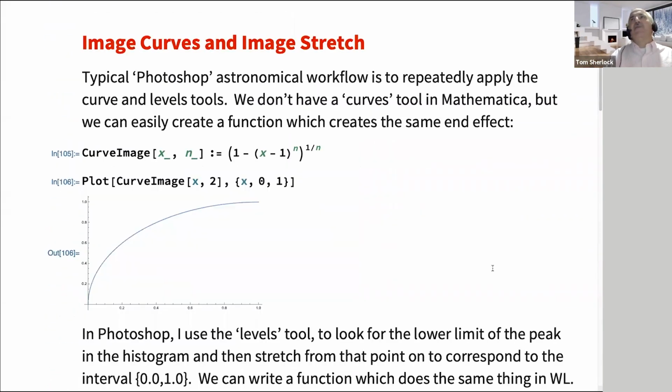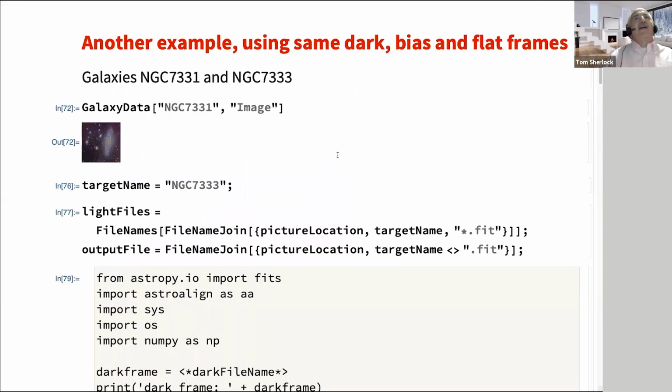So I did another example here too, which is a little dimmer object. This is using the same dark, bias and flat frames, but with different image frames. In this case, it's the group of galaxies around NGC 7331. And so this is what our canned image looks like of that.